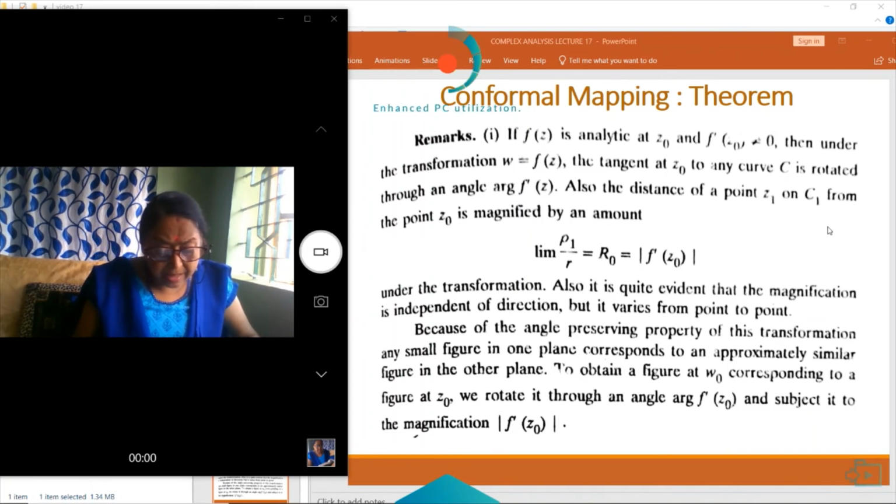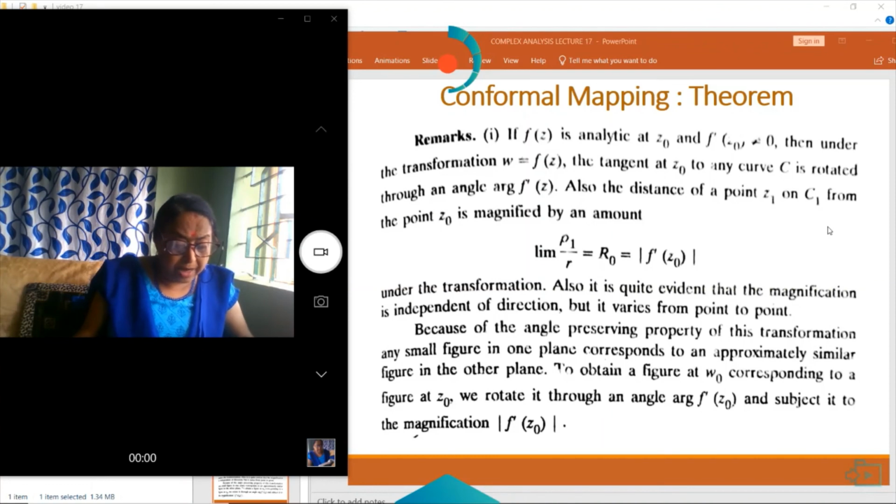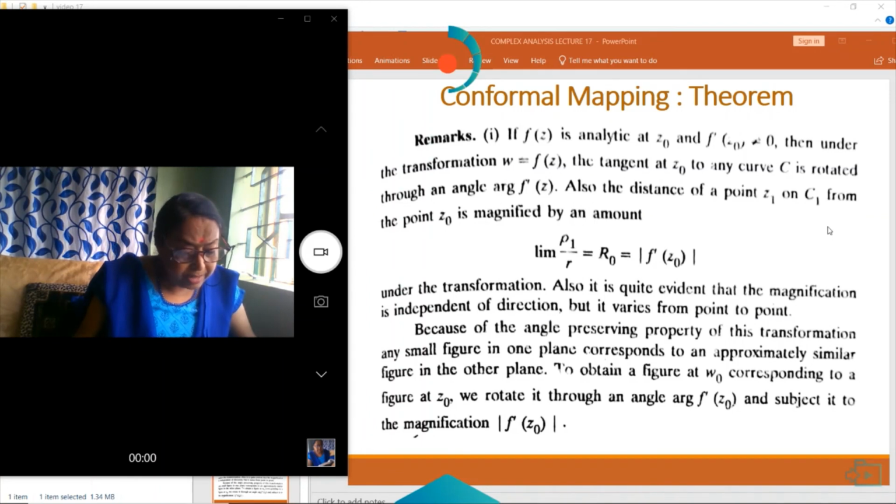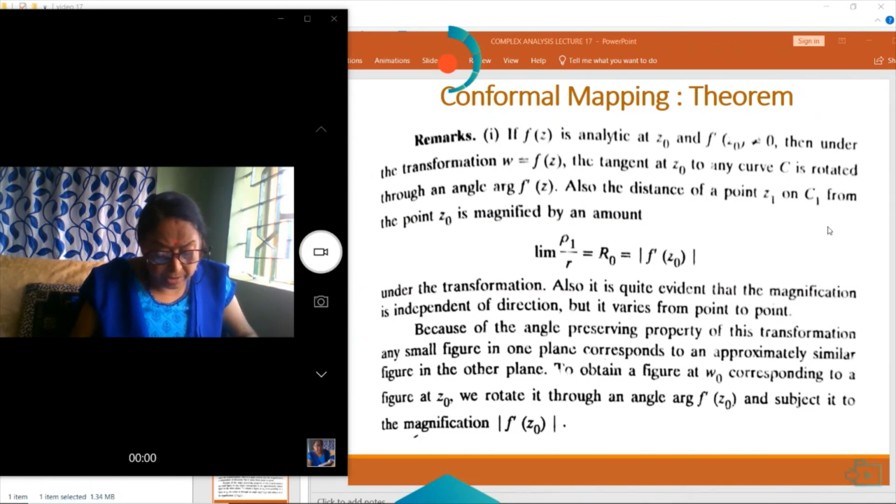Any small figure in one plane corresponds to an approximately similar figure in the other plane. So to obtain a figure at w0 corresponding to a figure at z0, we rotate it through an angle arg of f dash z0 and magnify it by the modulus of f dash z0.